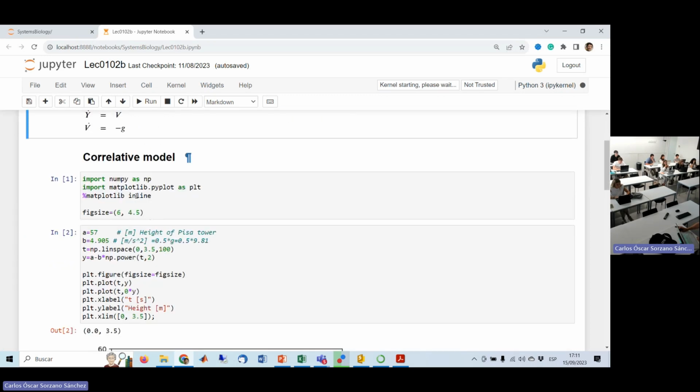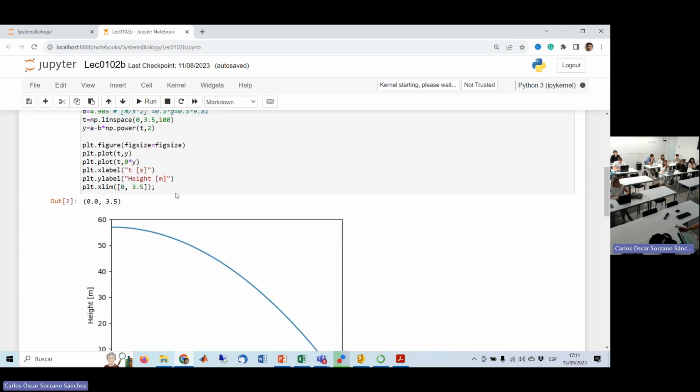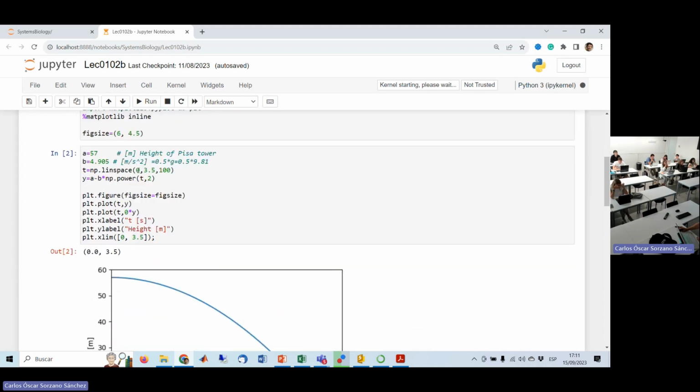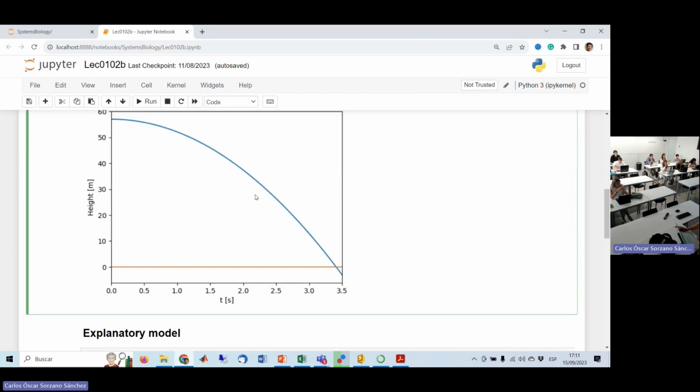So this is the correlative model. So for the correlative model, when you go in time from 0 to 3.5 seconds, this is what you have. So you start at the height of, I don't know, 55 meters, and then it will go down this way. Okay, so this is the height as a function of time. So it is not that you throw it to the front.